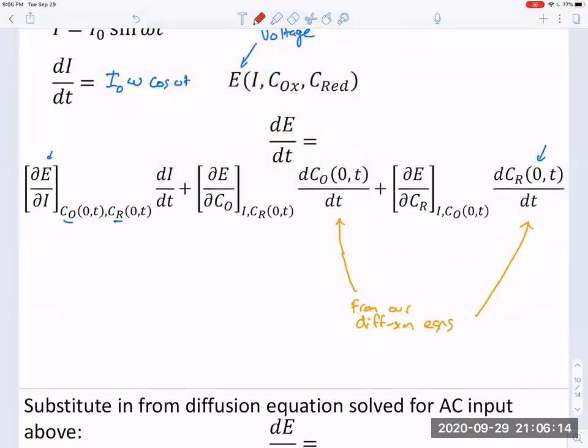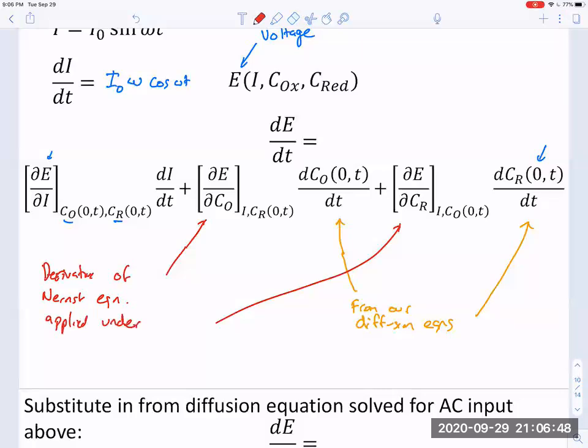And then these terms, the change in the voltage with respect to the concentration of the reduced and oxidized species, are basically just a derivative of the Nernst equation. The voltage is related to the concentrations through the Nernst equation. We're specifically applying this under linearizing conditions for the Butler-Volmer equation.